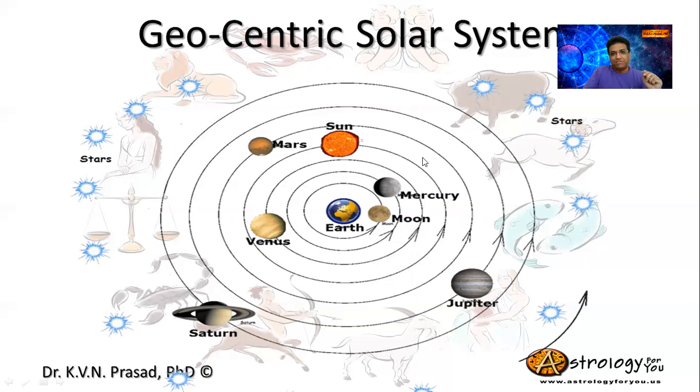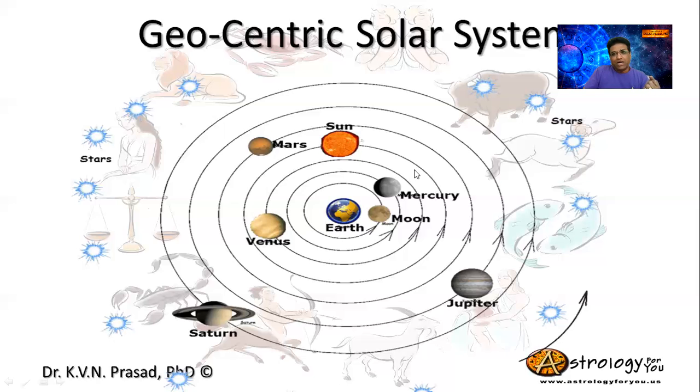When a planet comes here and you are looking at it from Earth's point of view, if you put a line here and then here, you see this Mercury is in Vrishabha sign. That is Vrishabham, Taurus.